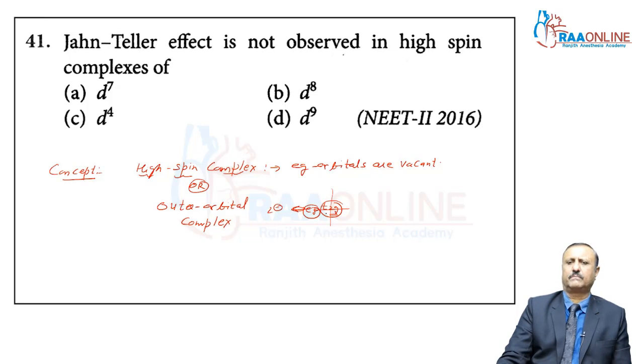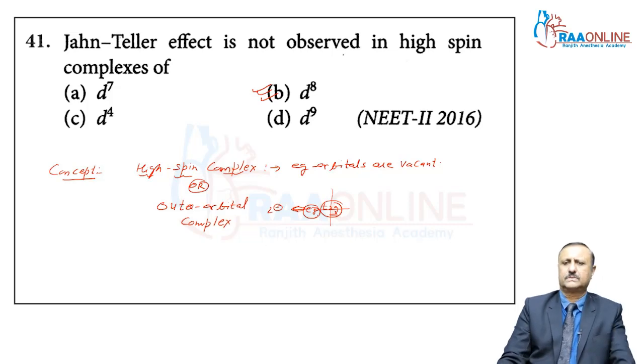So it is not observed when 8 electrons are present in d, because in 8 electrons the eg and t2g are filled so there is no effect. So it is not observed. So the answer is, my dear students, question number 41, answer is B, and this question was also asked in NEET 2016.